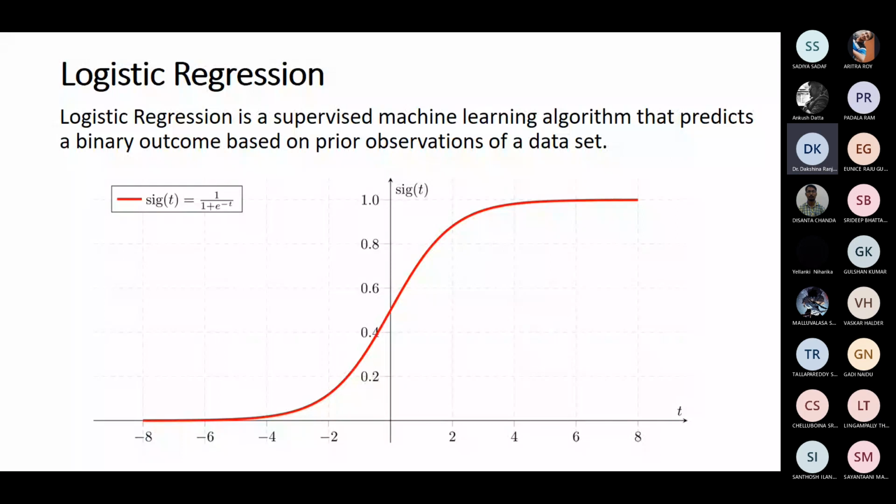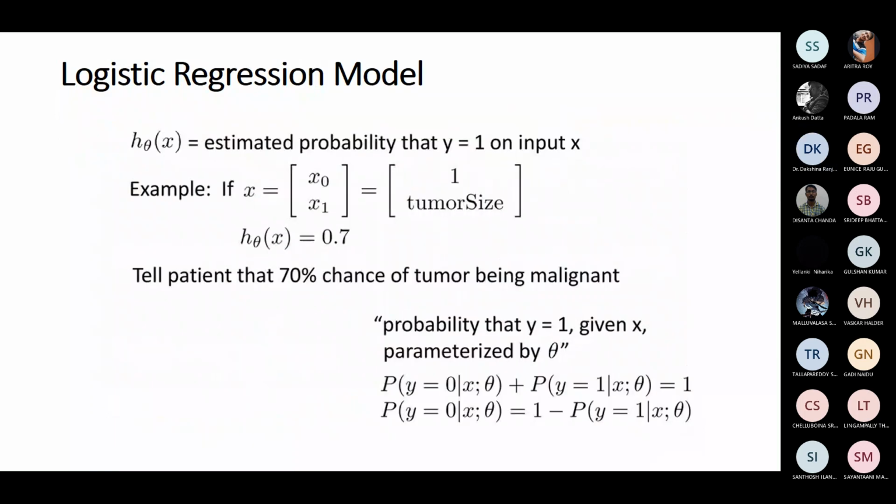So before we start logistic regression, let us take an example. Let us take an example of a tumor, and we would like to classify the tumor either into the malignant category or the benign category.